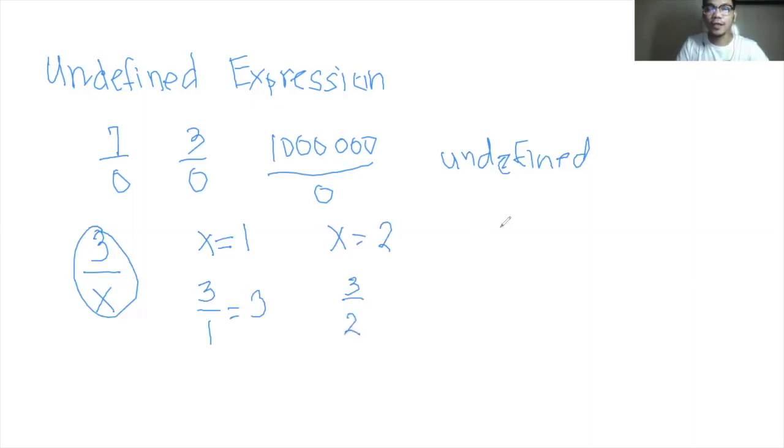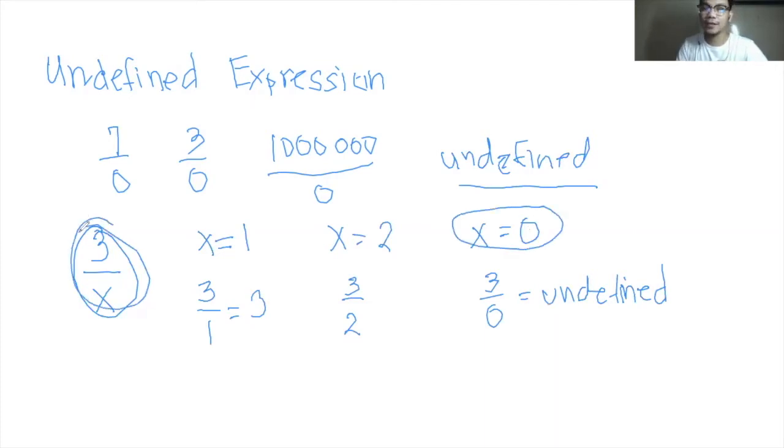If we let x equal to 0, then it becomes 3 over 0, which, as we mentioned, is undefined. So there's only one value that makes this expression undefined, and that is 0.